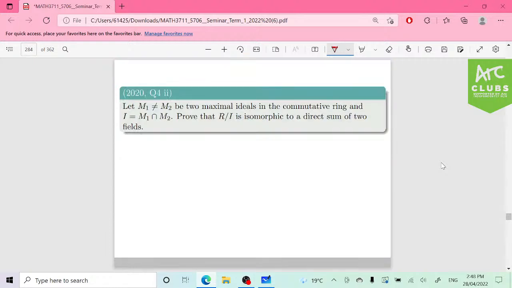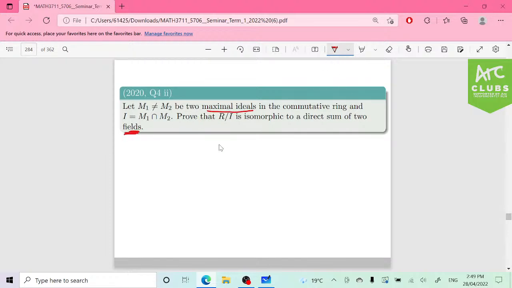So let's have a look at this question. We're given M1 is not equal to M2, and these are two maximal ideals. We want to consider the intersection of these two ideals, and we want to prove that R mod I is isomorphic to a direct sum of two fields. One key takeaway here is that we're given that these are two maximal ideals.